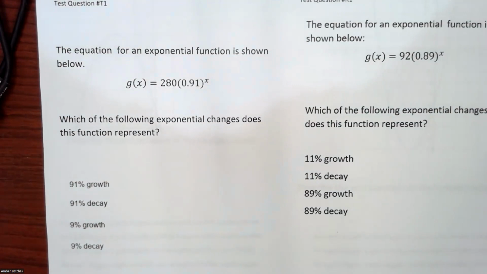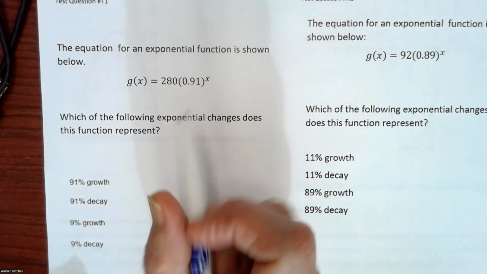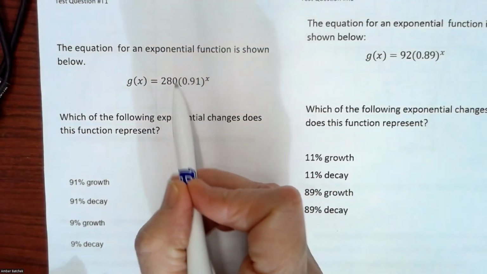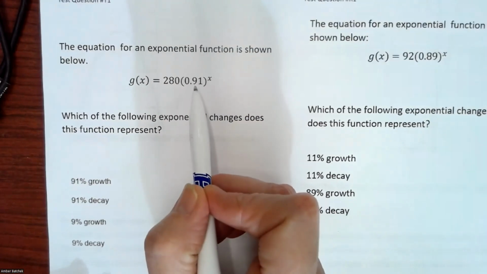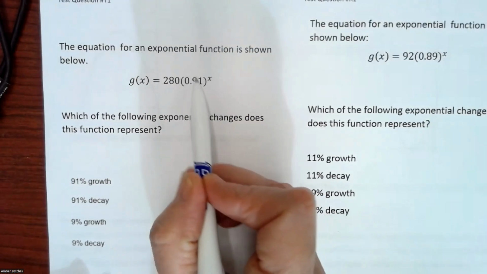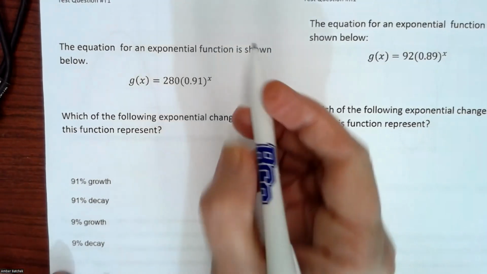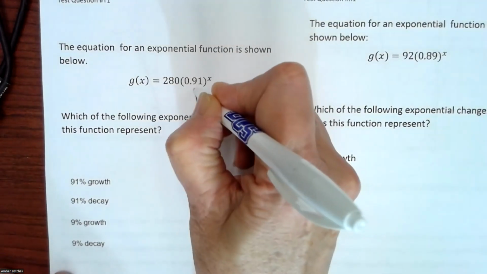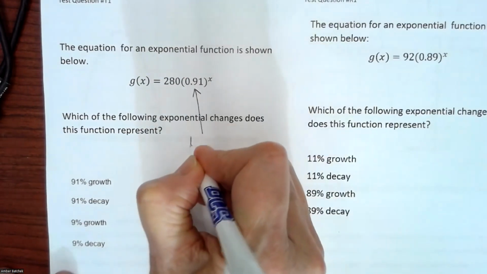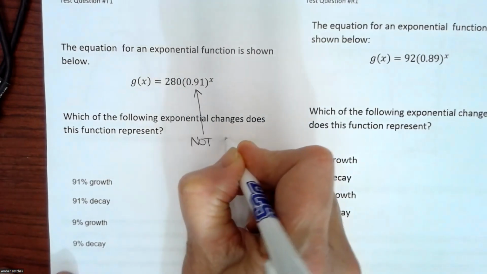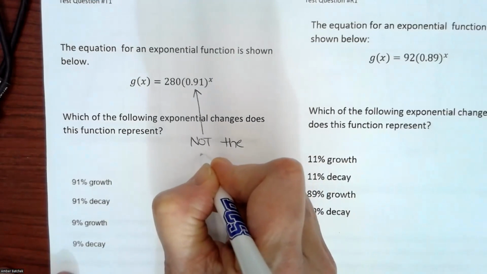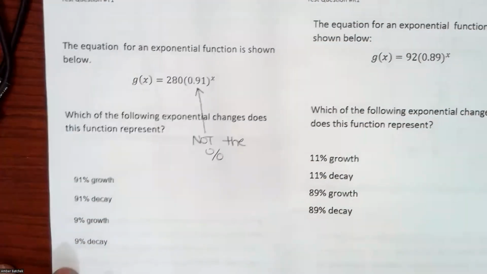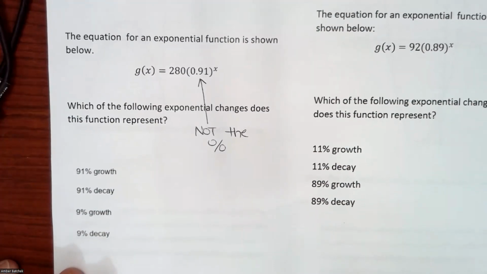And again, I kind of knew this would be because when we get a decay factor, we want to say that the percent of decay is this number here. It is not this number. Okay, so I want you to draw a line to that, and I want you to write not the percent, because 0.91 is not the percent.